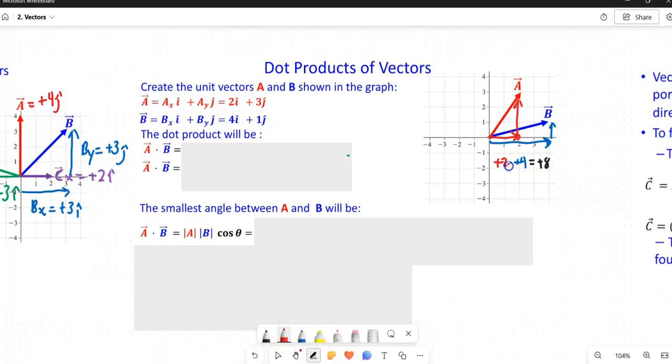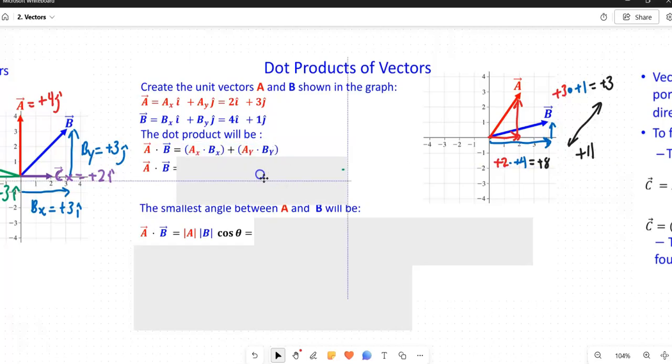In the y direction, we've got A pointing up 3, and B is pointing up 1, so times positive 1. So the y direction should be positive 3. Then add these two together, and we should get positive 11. Okay.